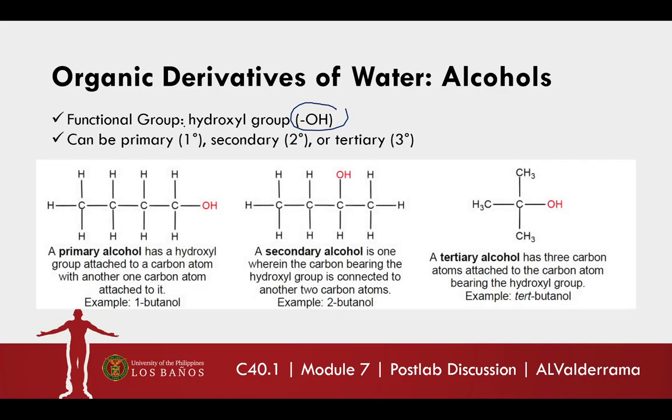So ang ating primary alcohol is yung ating alcohol is attached to a carbon na naka-attach, or your primary alcohol has a hydroxyl group attached to a carbon atom with another carbon atom attached to it. So basically, yung ating primary alcohol is ito.